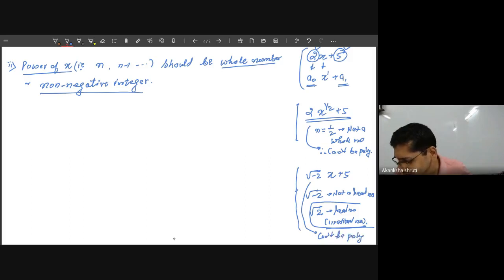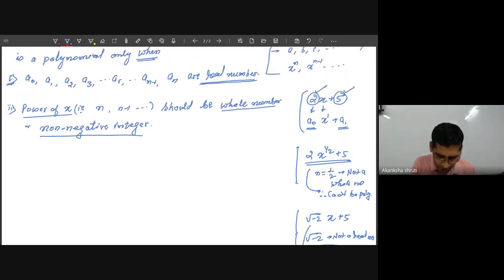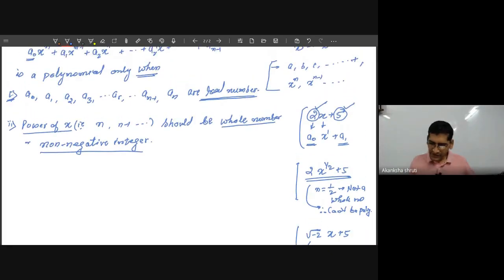All these things we will see. Okay, student? So these are the two important conditions. I will explain a bit more about all these things. Write down the third condition.